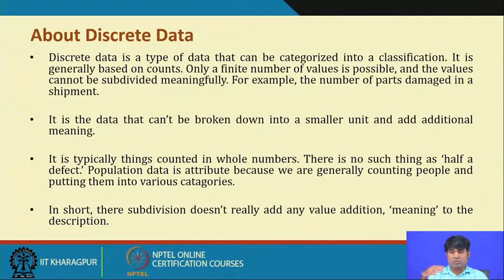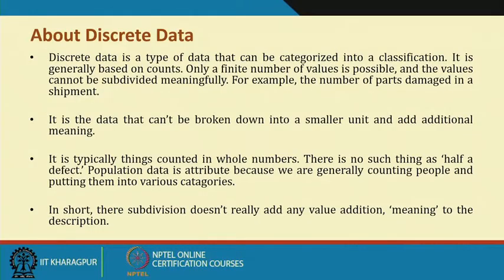Like we have already discussed, half death or half suicide are not clear-cut information so far as count data is concerned. Similarly, you cannot divide this group data into different clusters, that is what is called subdivision. If the data cannot be broken down into a smaller unit, it will not add any value or bring any meaningful interpretation.